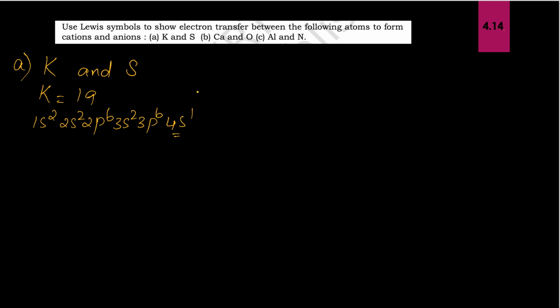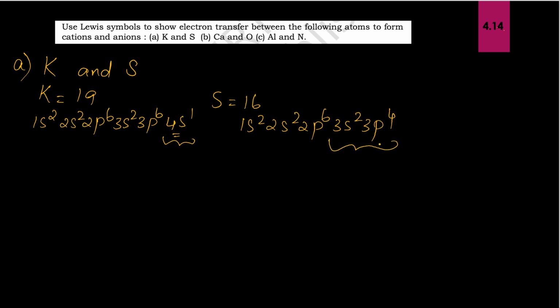Similarly, when you try to write for sulfur, sulfur is atomic number 16, 1s2, 2s2, 2p6, 3s2 and 3p4. Now the valence orbital of potassium is 4s1, and the valence orbitals for sulfur are 3s2, 3p4. Now none of this has 8 electrons in the valence orbital.